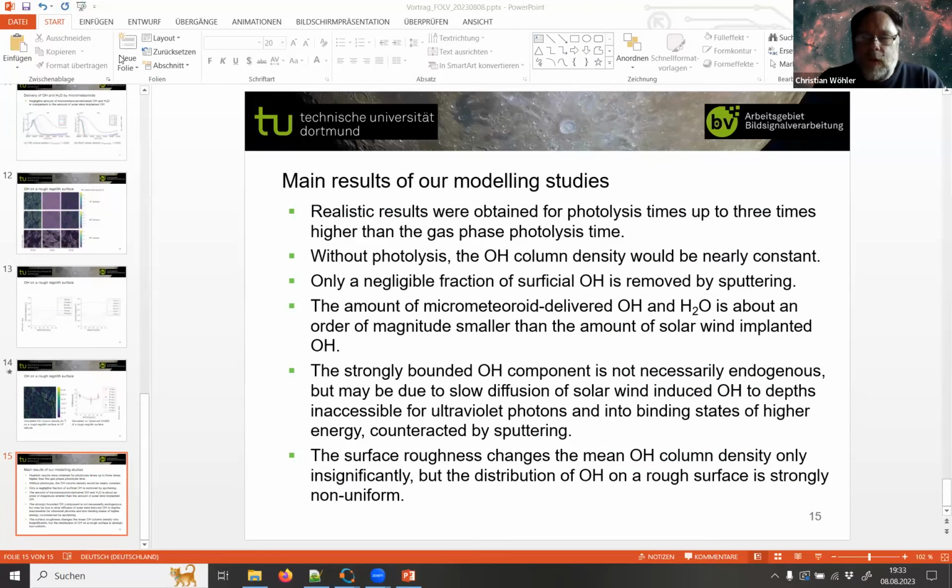The hydroxyl is photodissociated by solar ultraviolet radiation, and the penetration depth of ultraviolet radiation into the lunar surface is, there are estimates of one wavelength, so a few hundred nanometers, which means that if we assume such a really thin layer of implanted OH, the solar ultraviolet radiation can photodissociate implanted hydroxyl.